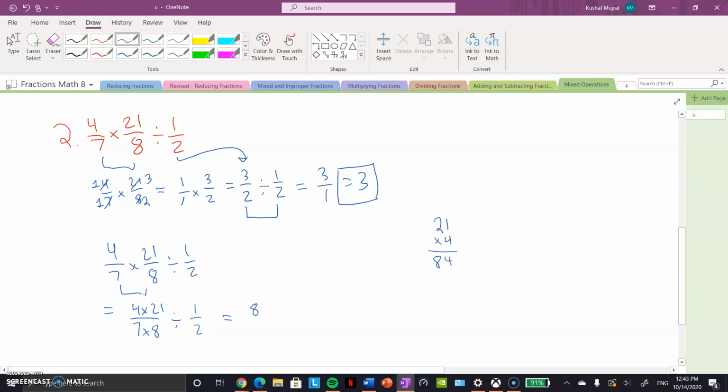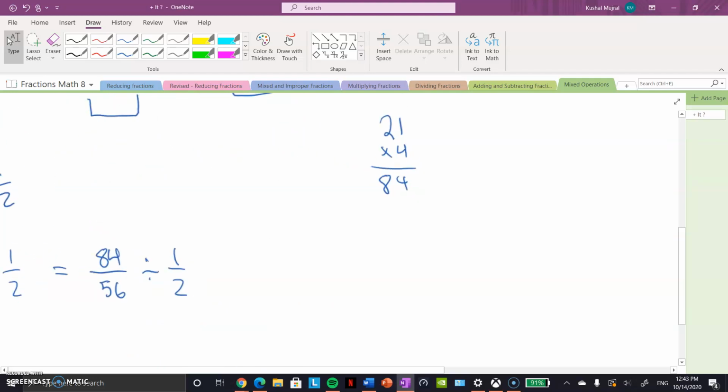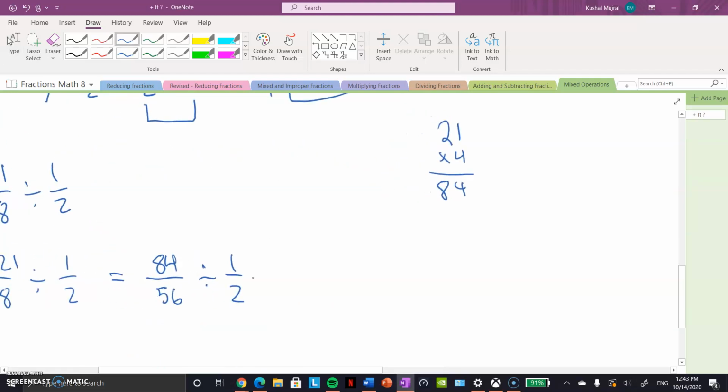So this is 84 over, and 7 times 8 is 56, divided by 1 over 2. And to do this, actually, first what we should do here is we should reduce the 84 over 56.